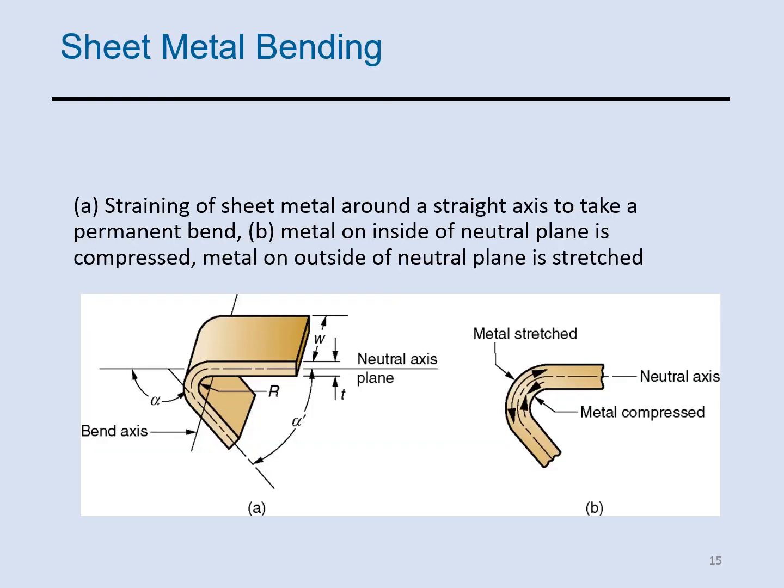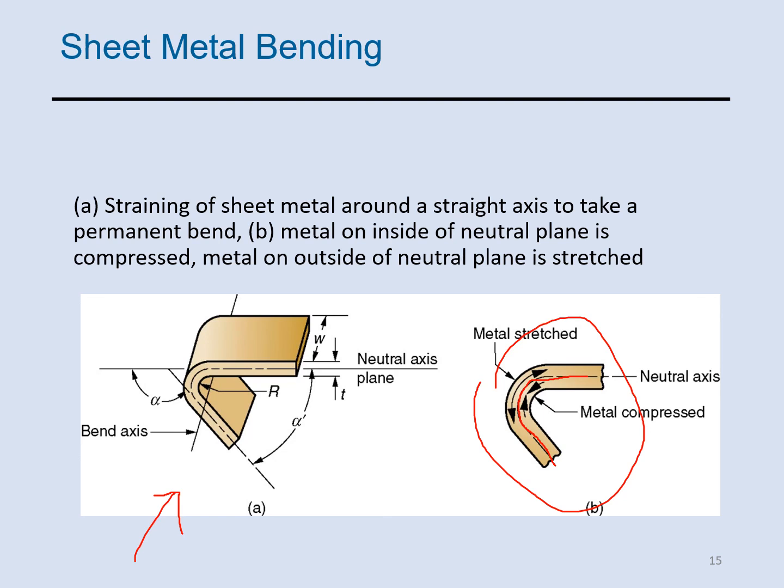The next operation in the sheet metal working operation is called sheet metal bending. As you see in this schematic, we have a straining of the sheet metal around the straight axis to take a permanent bend. If we look inside the workpiece, we have a neutral axis, which is this one.